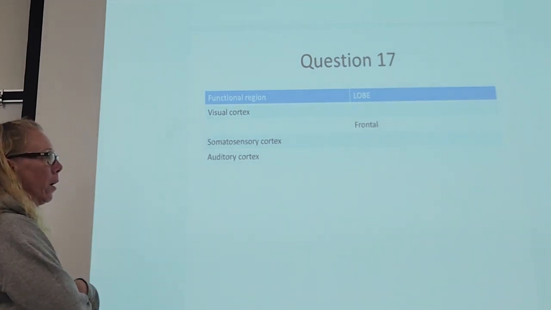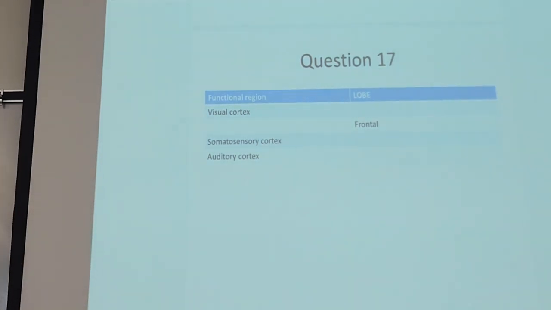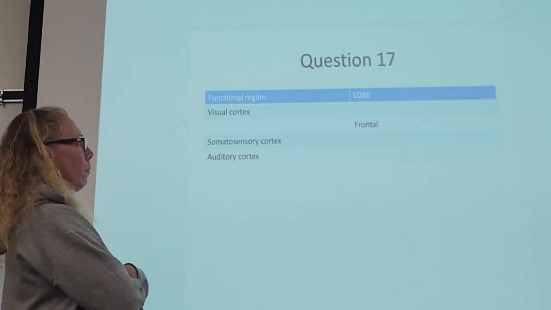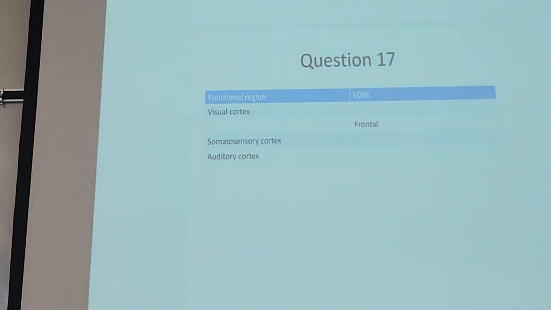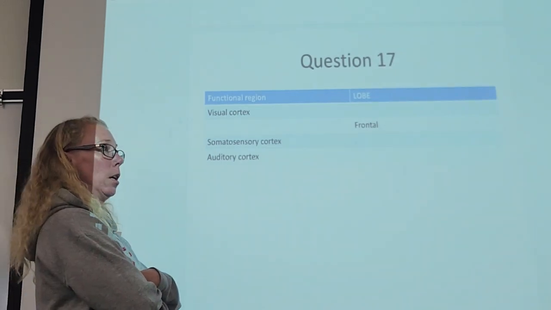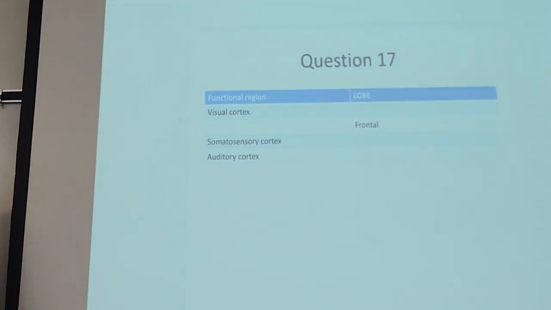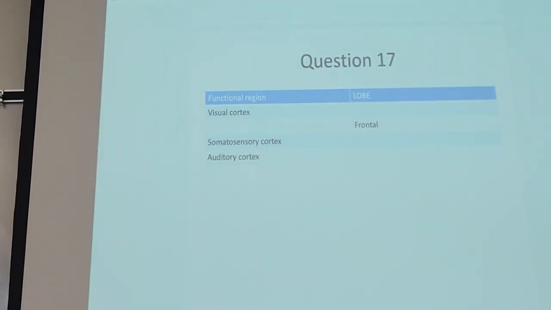We said it was the primary motor cortex. Right. So it's primarily the motor cortex. It's all frontal, right? Somatosensory cortex is what lobe? Parietal lobe, right? And then auditory cortex is temporal. And then if I were to add taste, sense of taste, is insula.